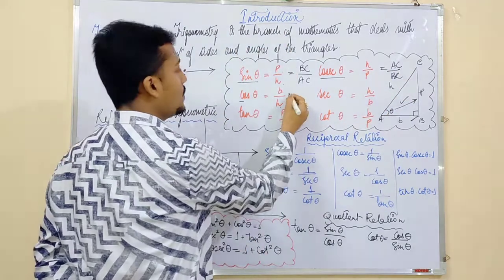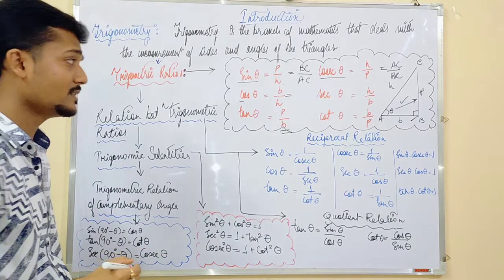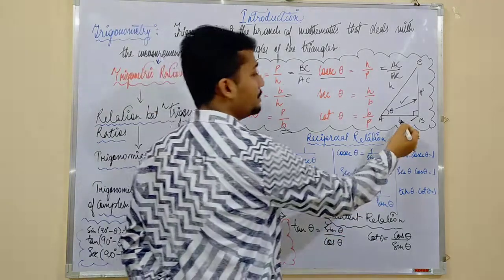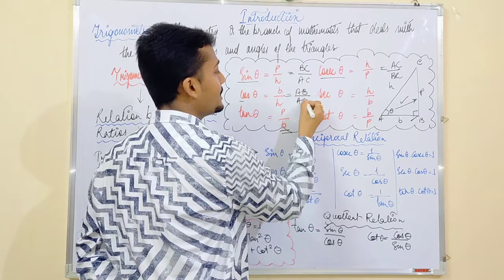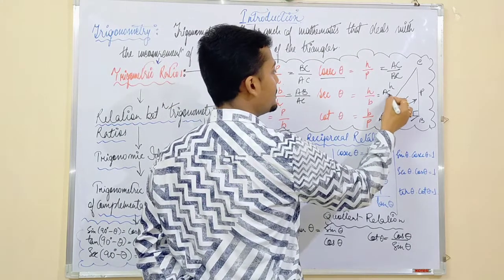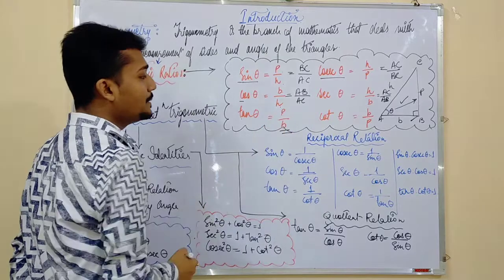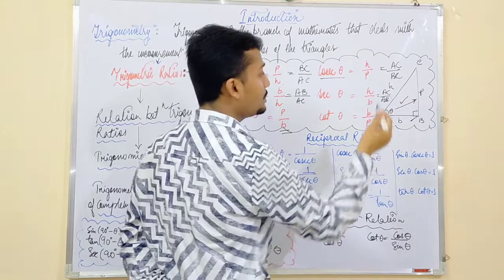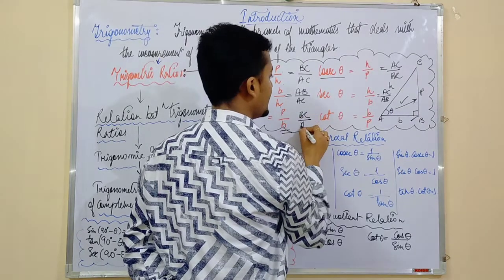Clear? Now cos theta is equal to b by h, that means AB by AC. What will be the reciprocal of it? AC by AB. Now tan theta is equal to p by b, that means BC by AB.